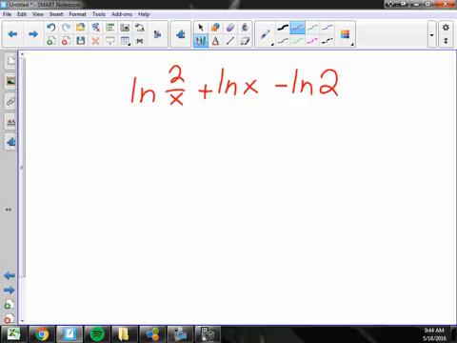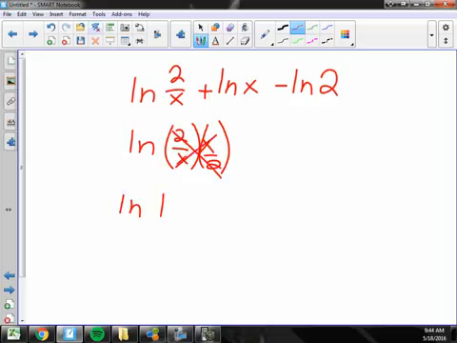So anything positive ends up on top, anything negative ends up on bottom. So we get the ln of 2 over x times x times 1/2, or over 2, and I get the ln of 1.